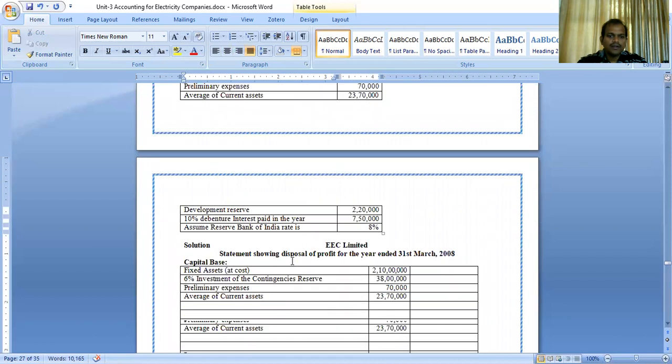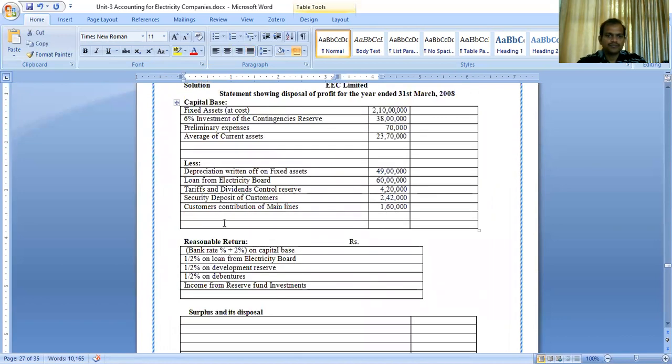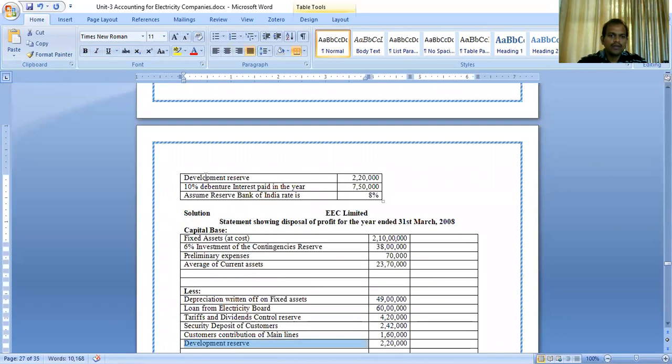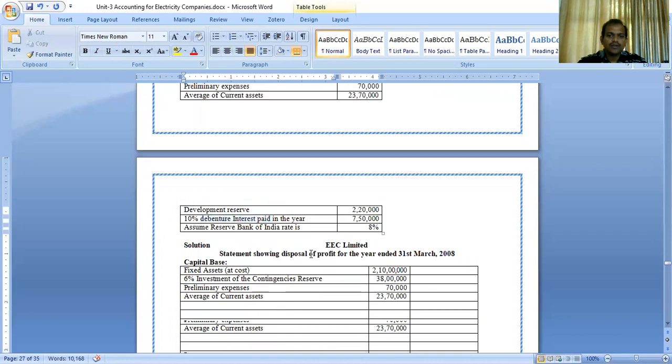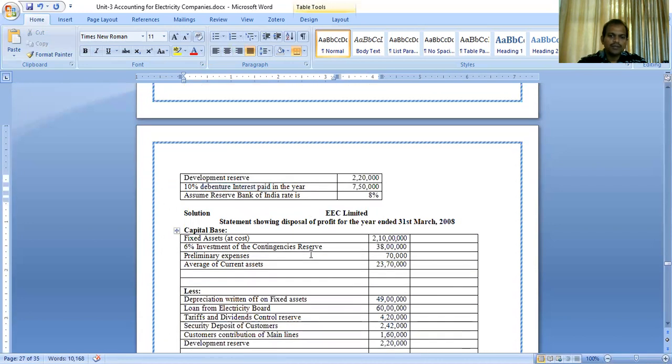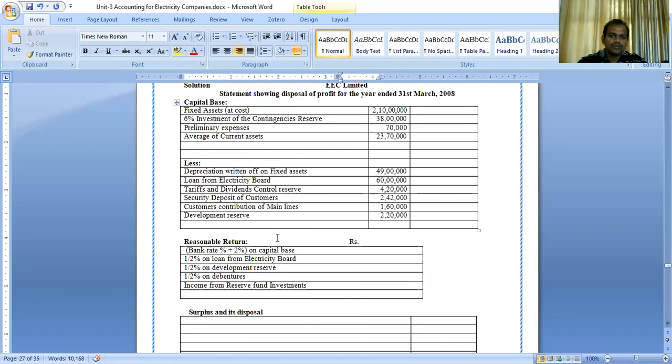And development reserve, this one is a deductible item. And 10% debenture interest paid. In the sense, we have to consider the debentures, not the interest. So 10% debentures, in the sense 100% is 75 lakhs. So debentures are 75 lakhs.